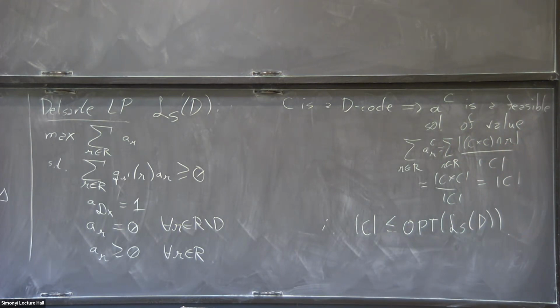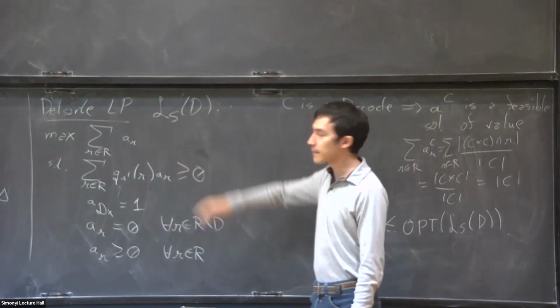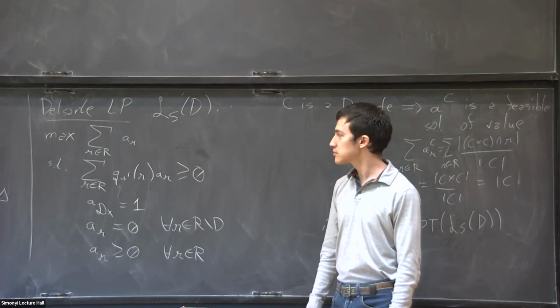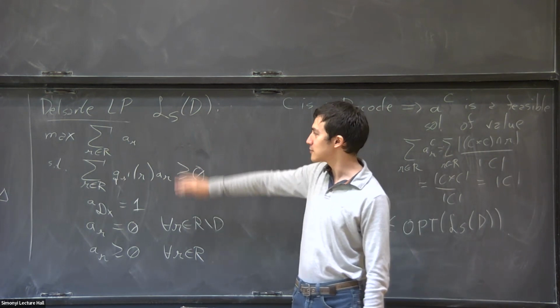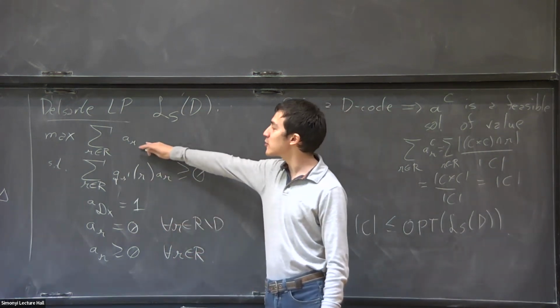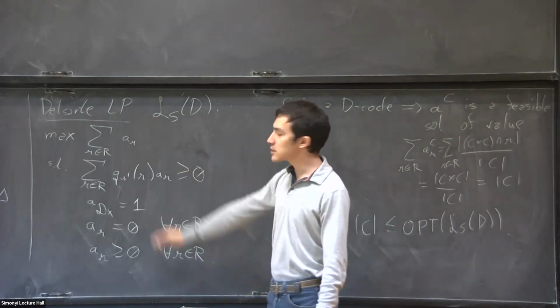It's a relaxation of the problem of finding the largest code under this condition. So consider this linear program: maximize the sum of the A_R's, where the variables are the A_R's, subject to these conditions.